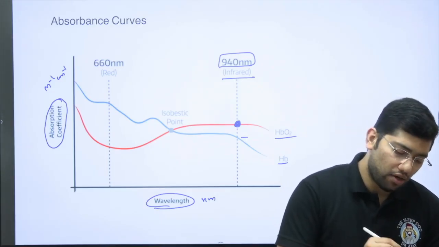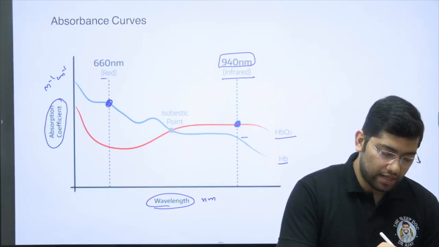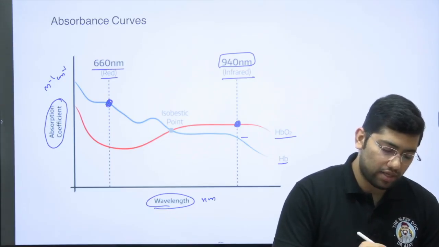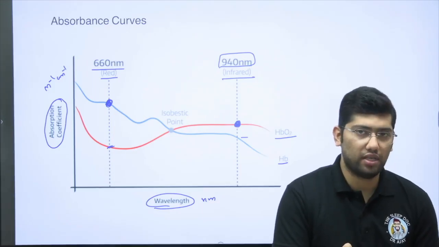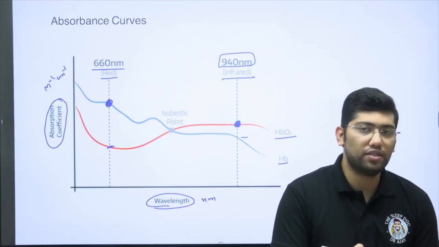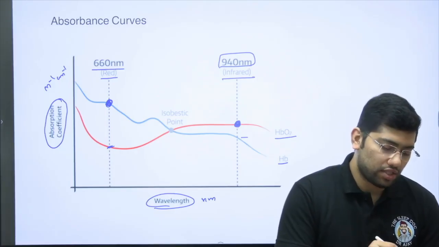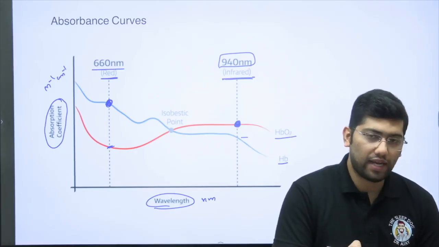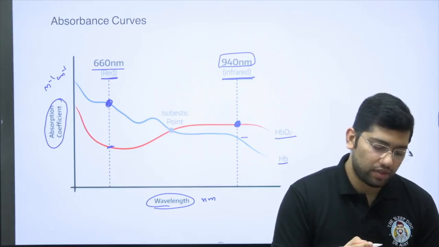Also, the deoxyhemoglobin has maximum absorbance at red light, which is at 660 nanometers, which is far more than the absorbance of oxyhemoglobin. So this principle is used to detect the saturation by shining both red and infrared lights and finding out the absorbance of these lights.